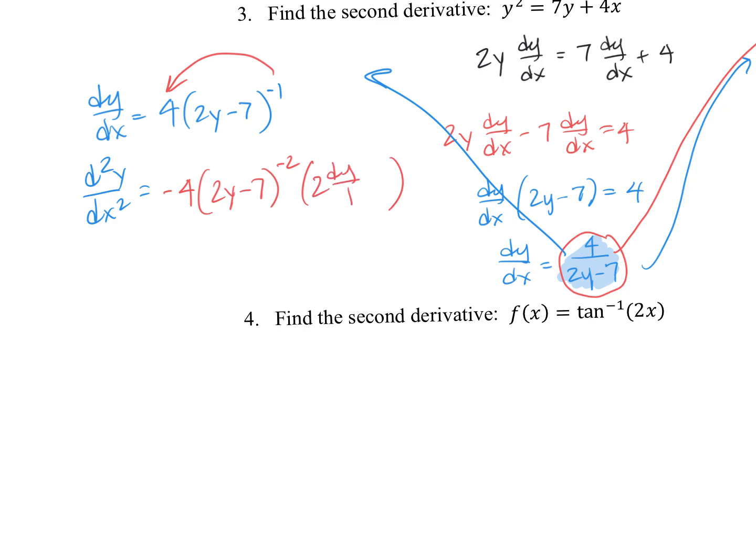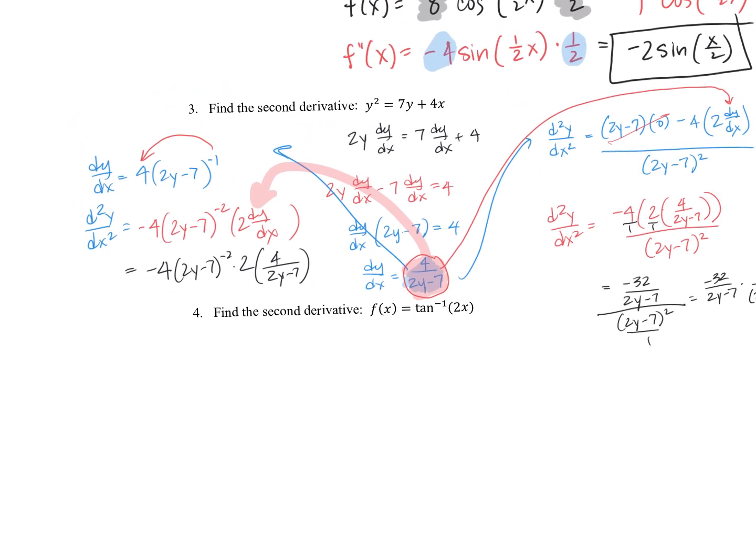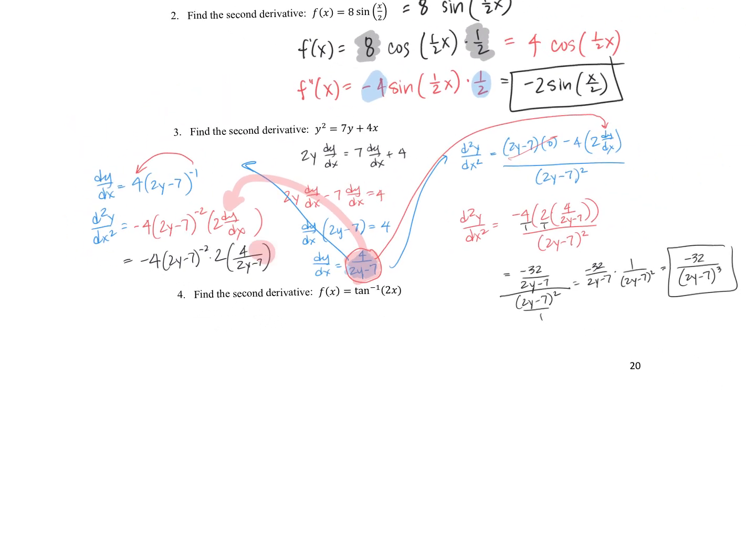2 dy dx. Would I have still had to substitute this quantity in right there? Yeah. 2y minus 7 to the negative second times 2 times 4 over 2y minus 7. Would this answer be equivalent to this answer?